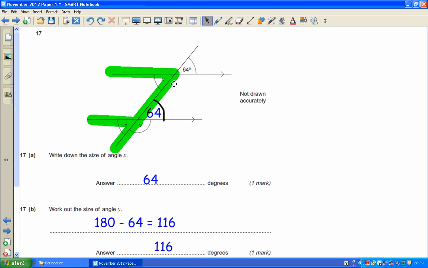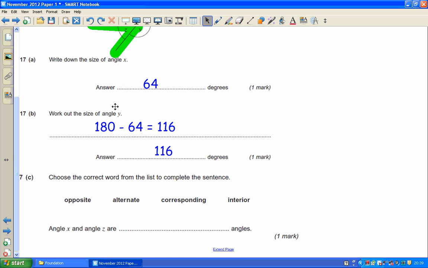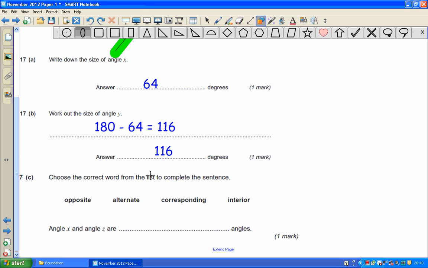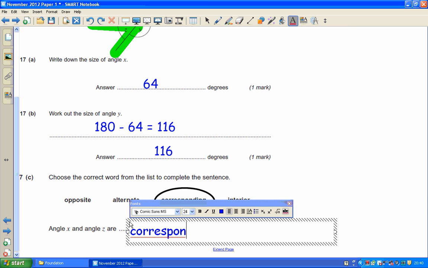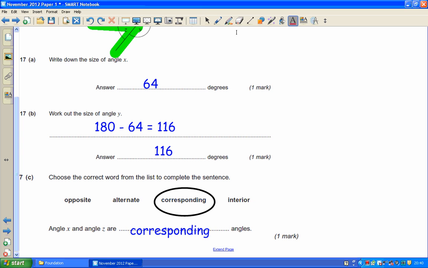The proper name for an F shape is a corresponding angle. I guess we can type that in there as well. So F angles are corresponding angles, Z angles are alternate angles.